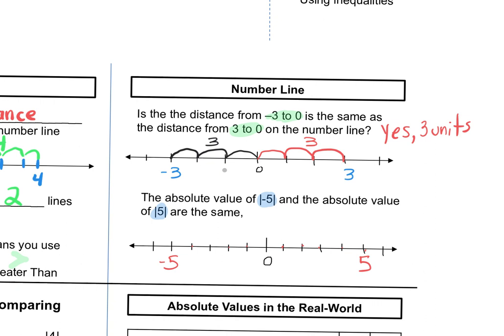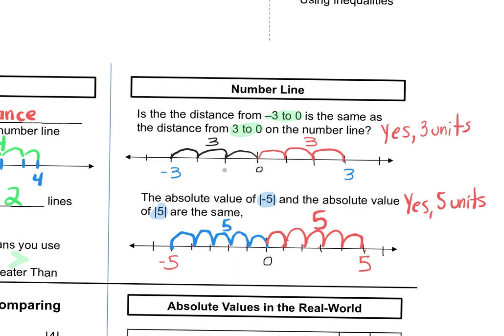Is the distance the same from 0 to -5? So I'm going to go 1, 2, 3, 4, 5. So my absolute value is 5. And on the other side, I'm going to move 1, 2, 3, 4, 5. Yes, it is the same distance. They're not the same numbers, but it is the same distance, 5 units. So go ahead and write that information down.